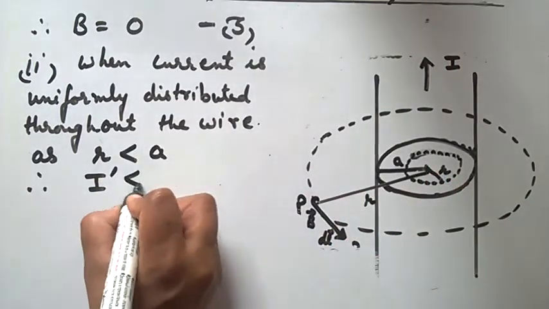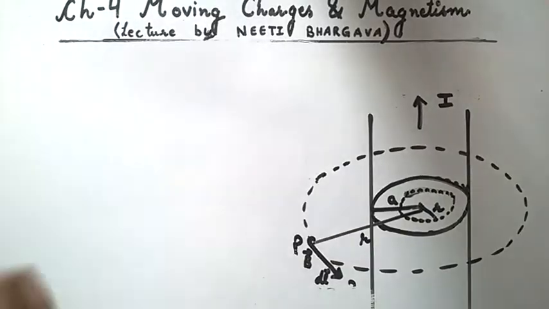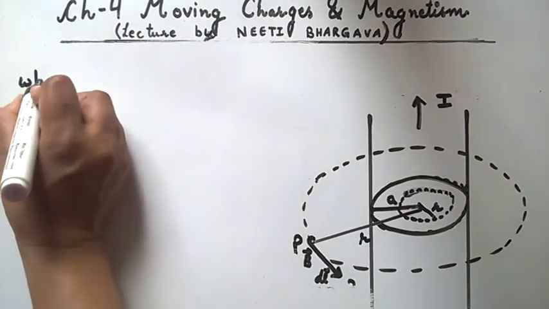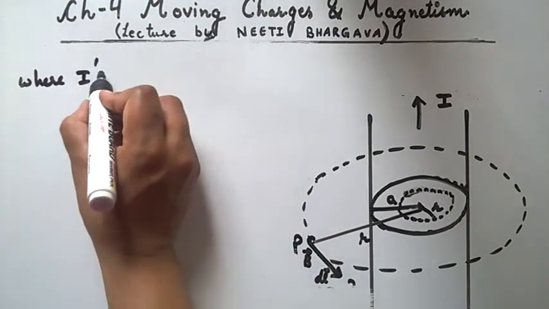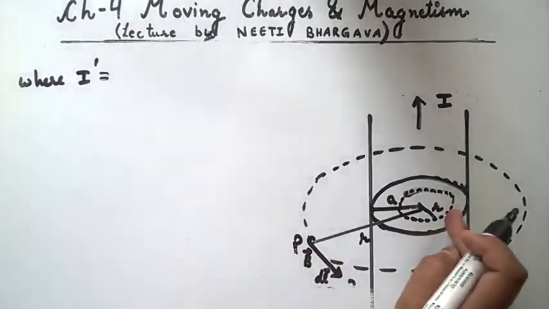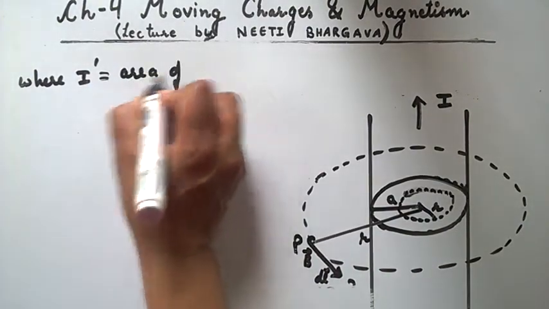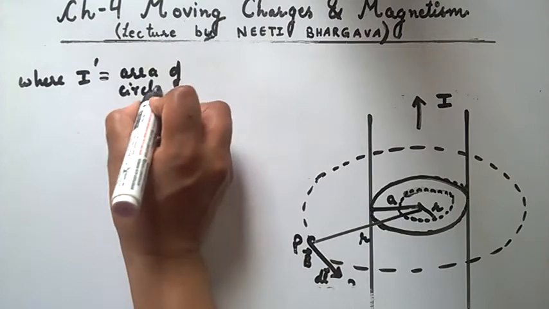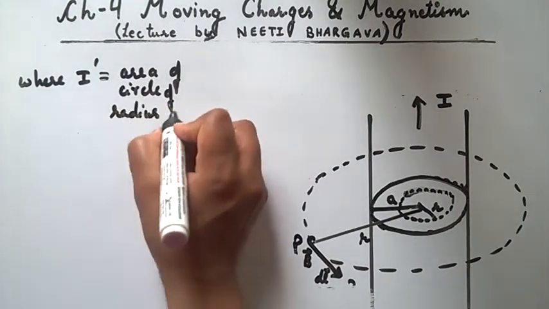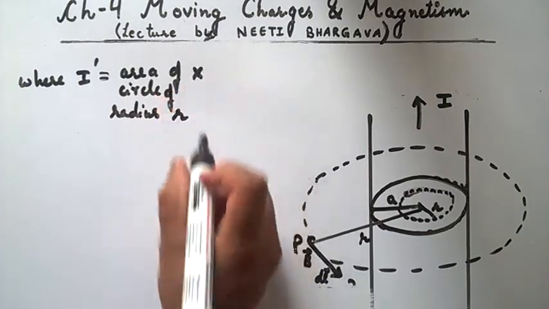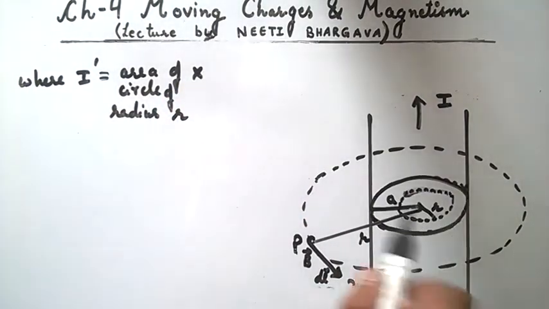I dash is less than I, and it is equal to the area of the circle of radius small r, into the current per unit area of the wire.